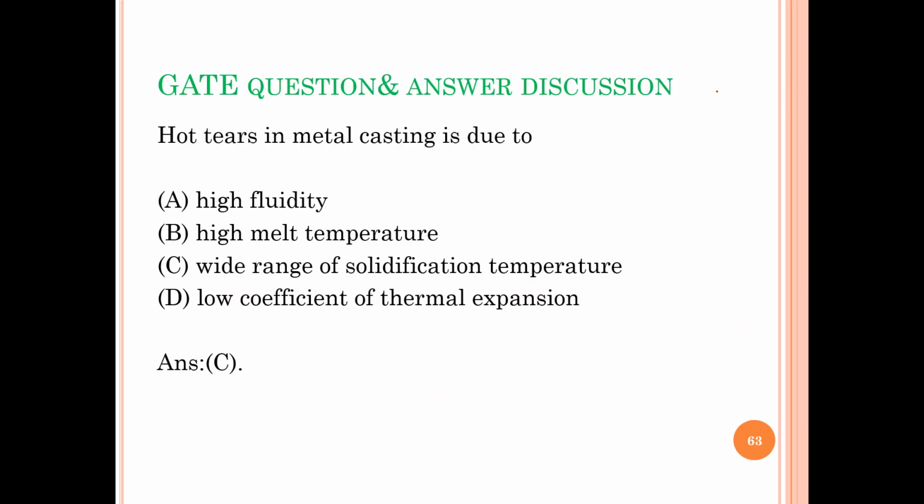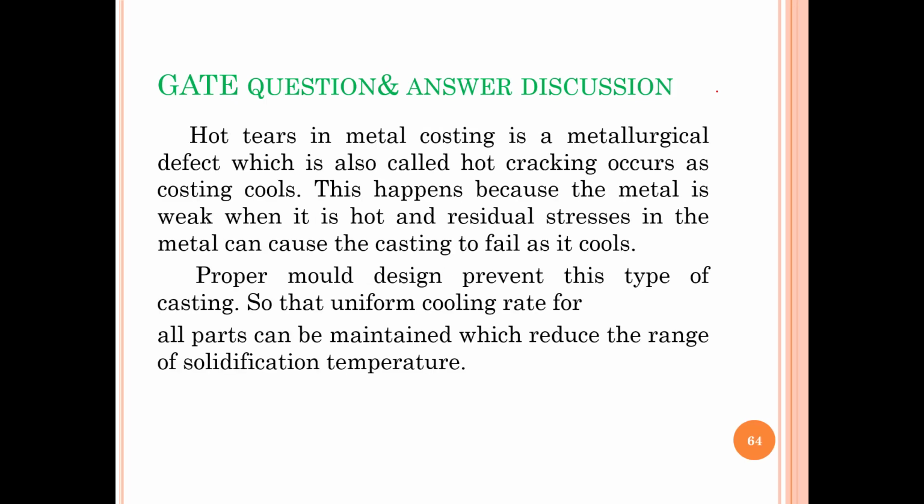Okay, next one: hot tears in metal casting is due to high fluidity, high melt temperature, wide range of solidification temperature, or low coefficient of thermal expansion. The answer is C, wide range of solidification temperature, because hot tear in metal casting is a metallurgical defect, also called hot cracking, which occurs as the casting cools.